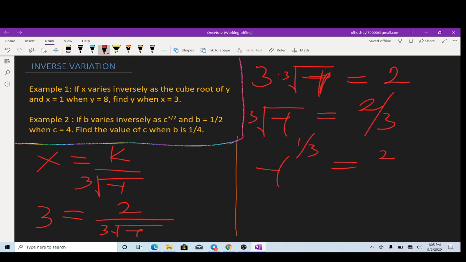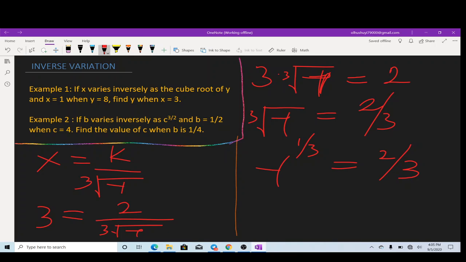From your indices, cube root means raised to the power of 1 upon 3. So how are we looking for y now? How do we get rid of this 1 over 3? You multiply this power by 3. If I multiply 1 over 3 by 3, I will get 1 there, and that turns this to just y.